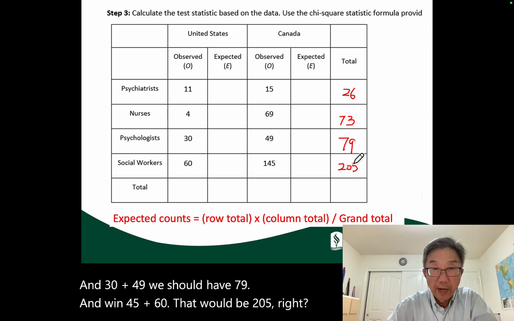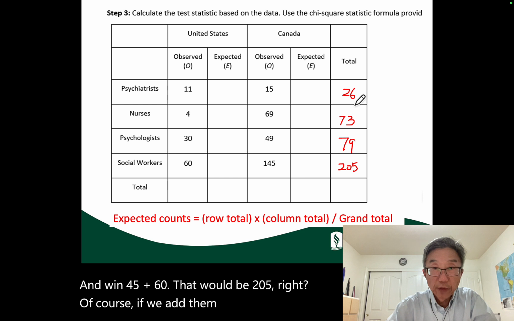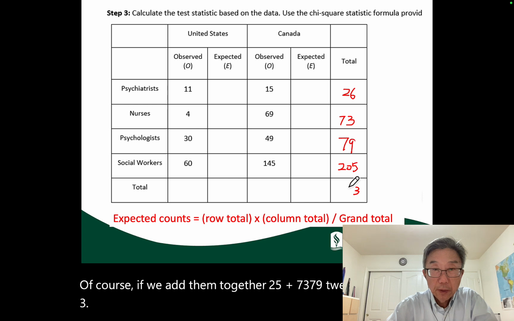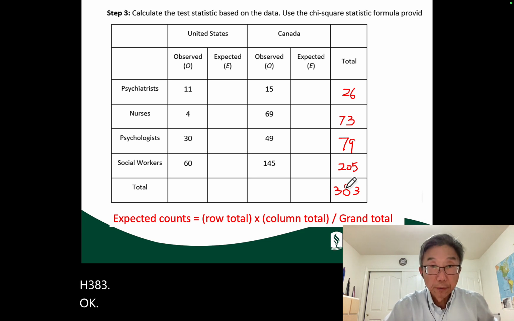Of course, if we add them together, 26 plus 73 plus 79 plus 205, 383 is the grand total.